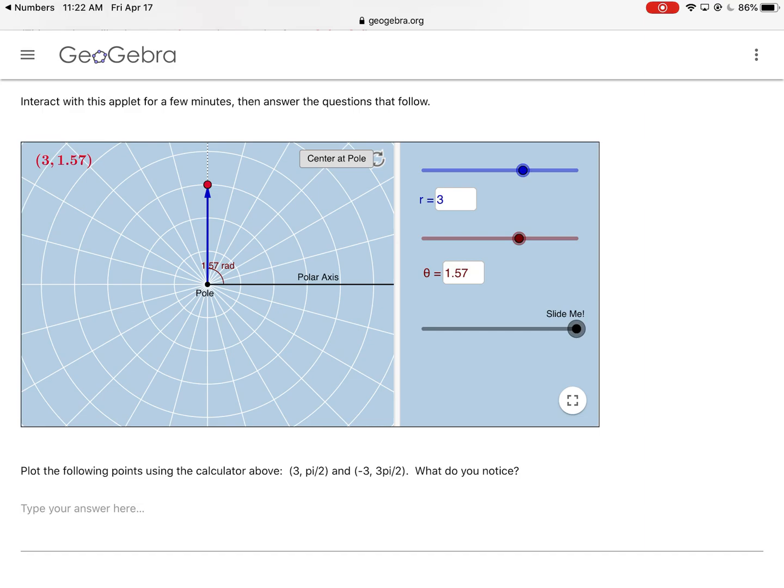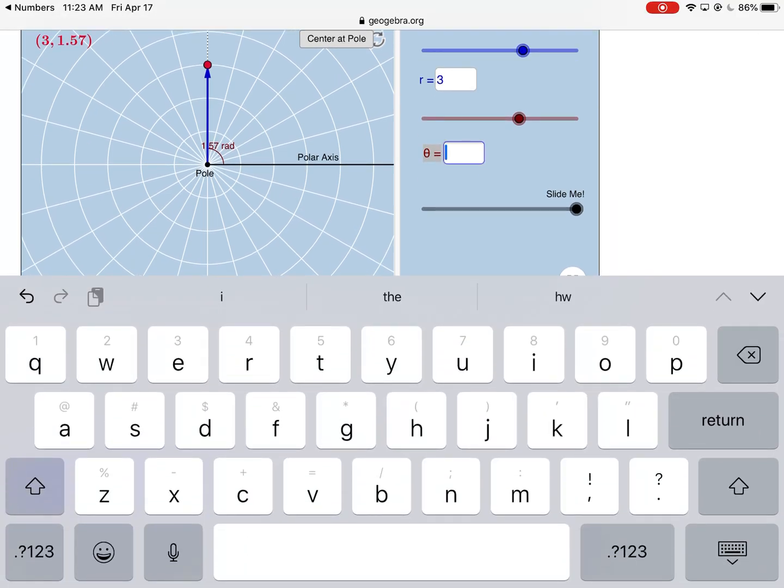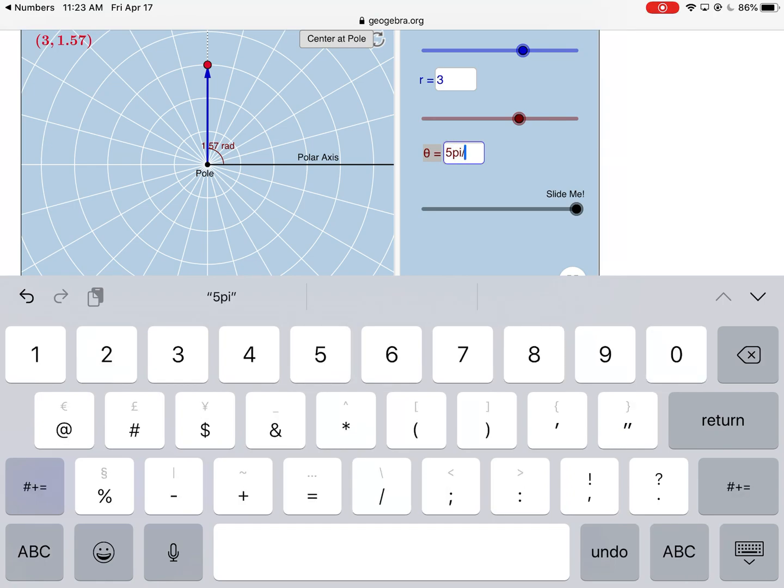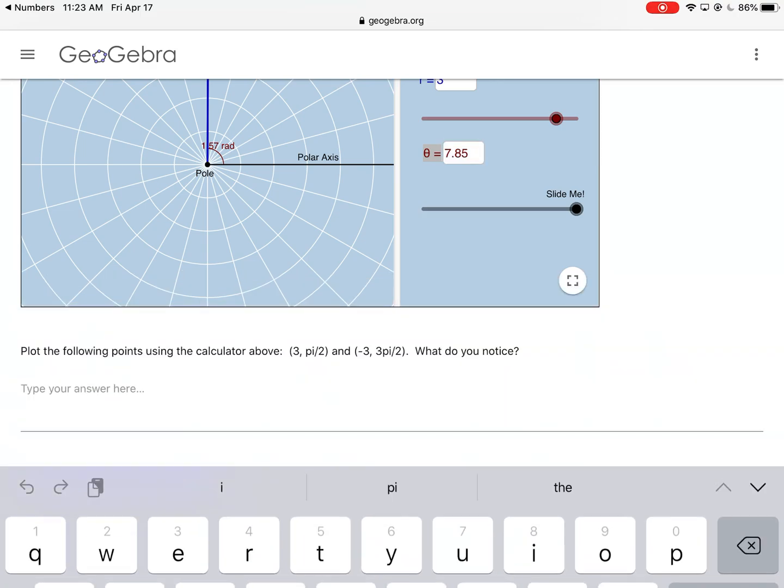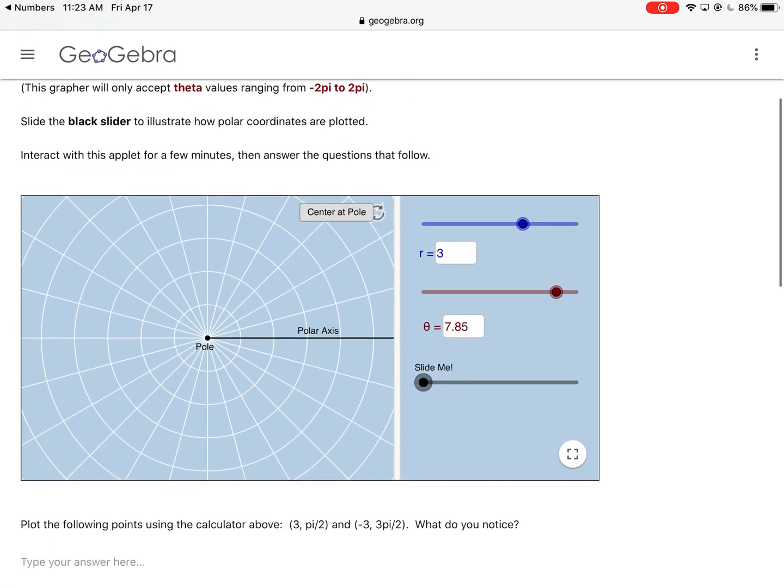So what we could do is add a multiple of 2 pi to this angle, and we'll still wind up in the same location. So if I took pi over 2 and added 2 pi, that would take me to 5 pi over 2, giving me a coterminal angle, right? Okay, so rotate your 5 pi over 2, coterminal angle, 3 units up, we're in the same spot.